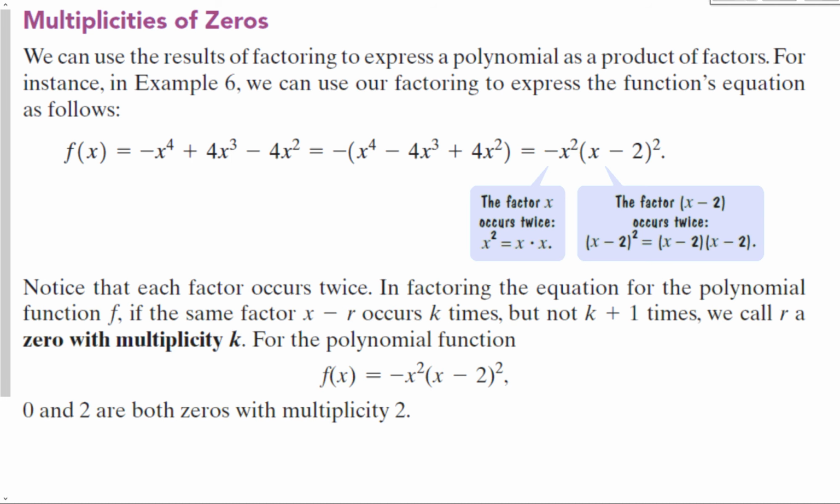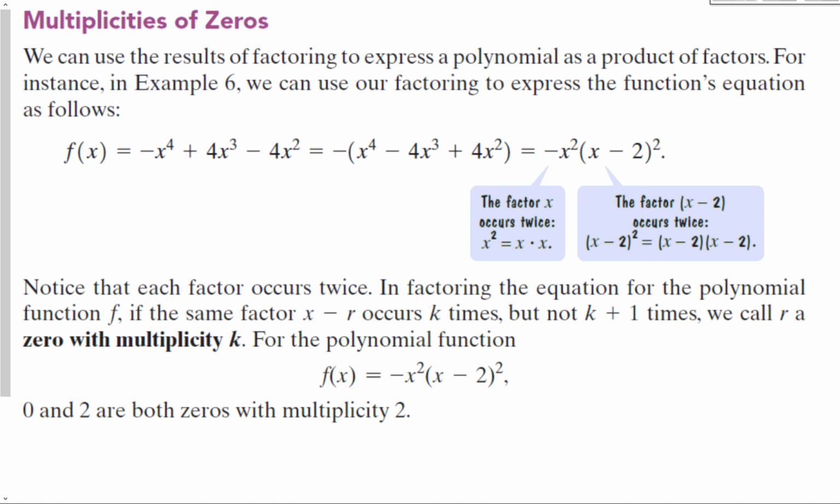In factoring the equation for polynomial function f, if the same factor, x minus r, occurs k times, could be once, could be twice, could be as many times as we need, but not k minus 1, we call r a zero with multiplicity k. Basically, multiplicity means how many times that zero happens. It happens k times, not one more, not k plus 1.